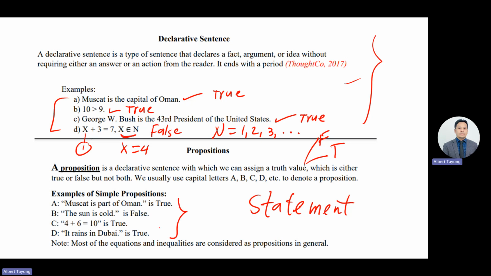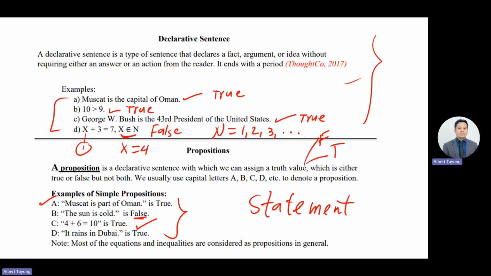So these are examples of declarative sentences, which are propositions. These are all statements because we can assign true or false, like the first one. It is true. The second one is false because it is hot. Okay. And this is an equation which is true.